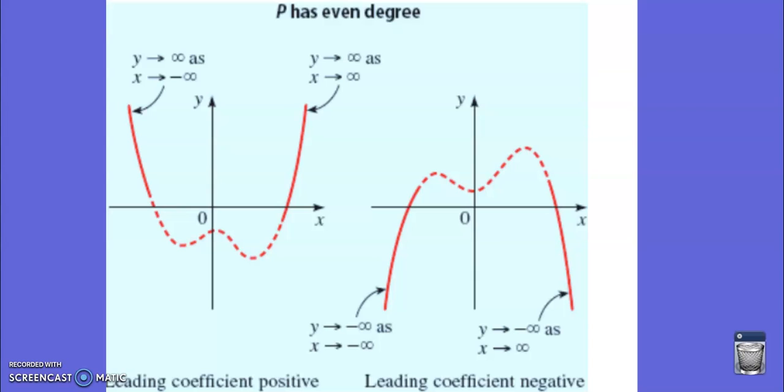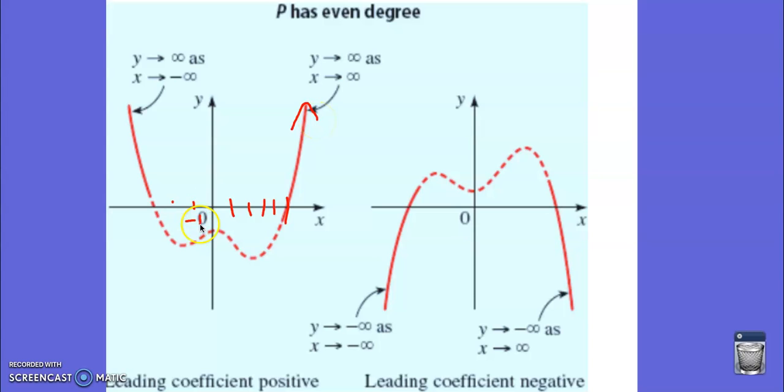So notice if it's an even function, we kind of already said this, as x goes towards infinity, as x goes 1, 2, 3, 4, 5, notice y is also going toward infinity.